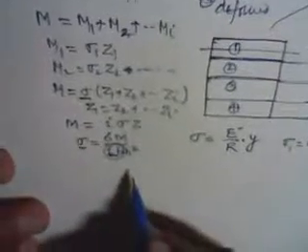It means if I place these laminates like this, this is the first laminate, this is the second laminate, this is the third laminate, and here is the fourth laminate.